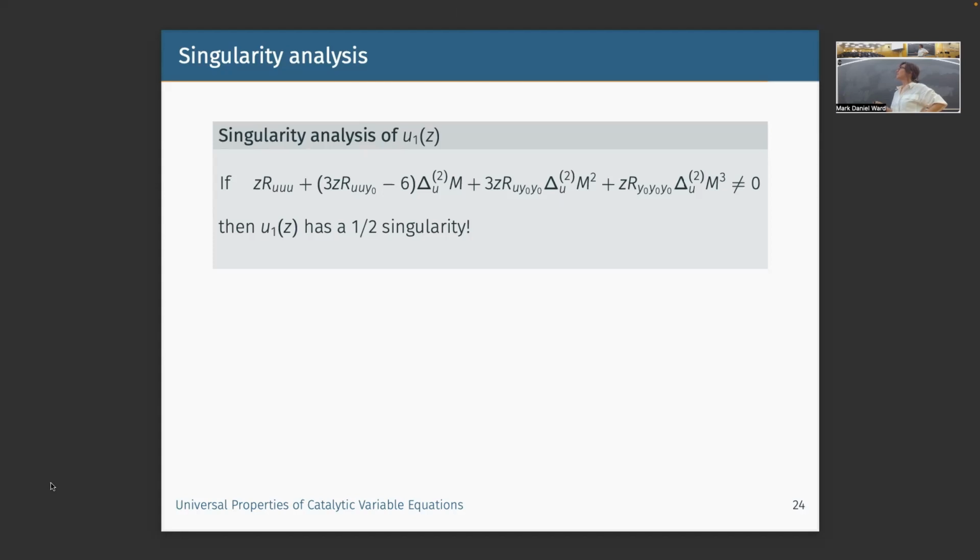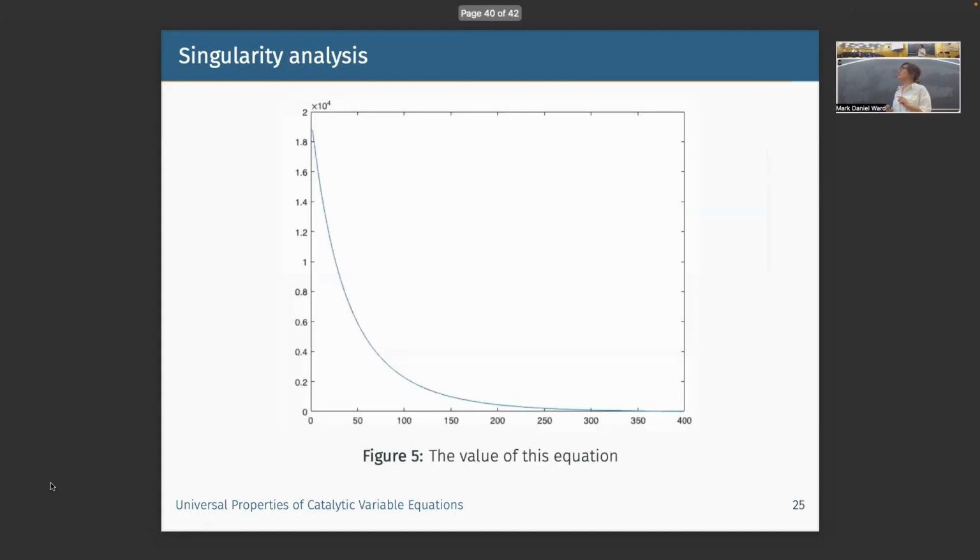But we would need this equation to be satisfied, which looks very complicated, but it's not obvious that it's not satisfied, because we have this -6 here. Otherwise, we would have a 1/3 singularity. But first of all, this has never been observed in the wild. And second of all, we also cannot generate numerically an example where this would happen.